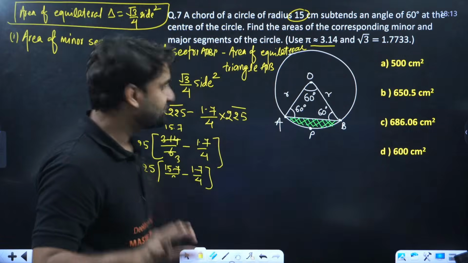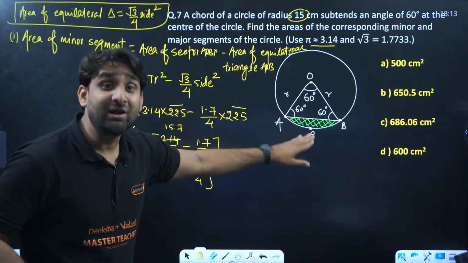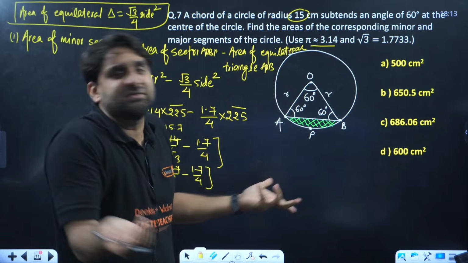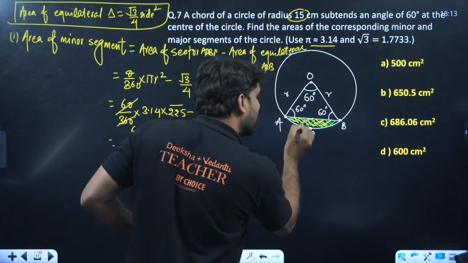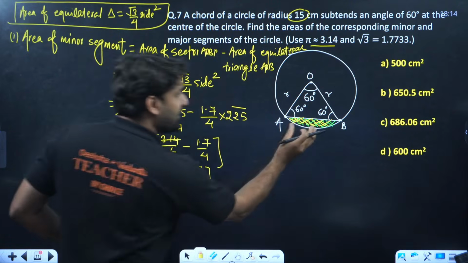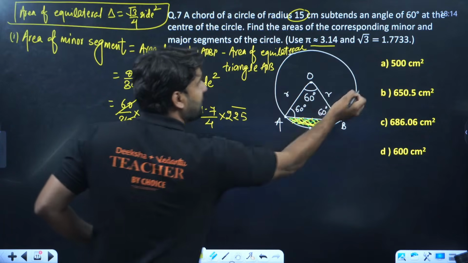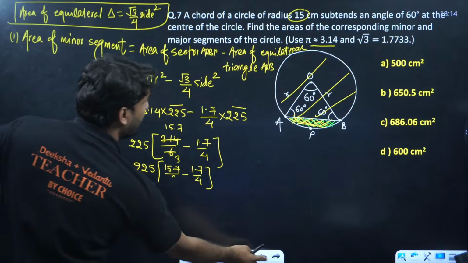So guys, listen. In this question, we have to calculate the area of minor and major segment. So first understand where is the minor segment. This is called minor segment, guys. And except this, the remaining part is called major segment. So what is the formula of minor segment?